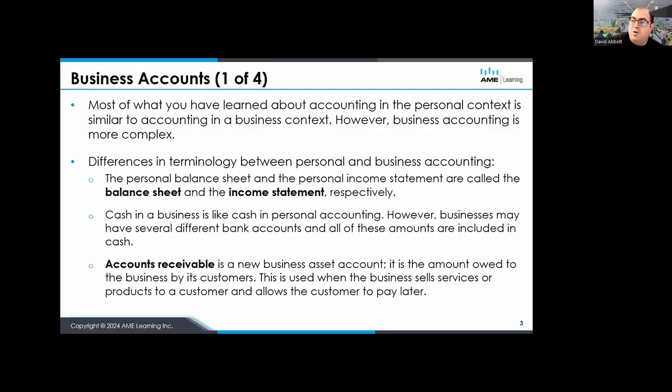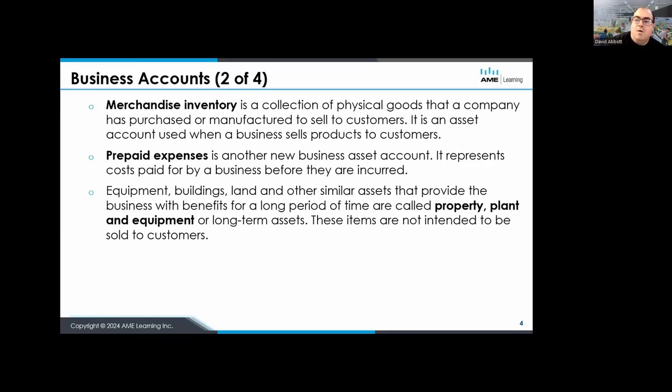So accounts receivable, or AR, is a type of asset. Now, merchandise inventory is a collection of the physical goods that a company has purchased or manufactured that it sells to customers. It is an asset account that's used when a business sells products to a customer.